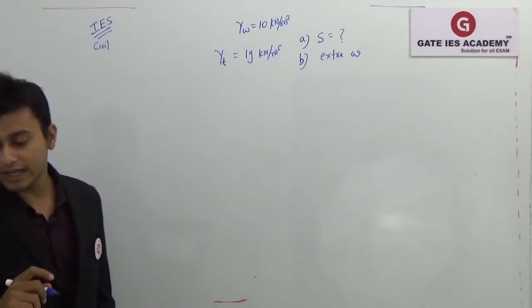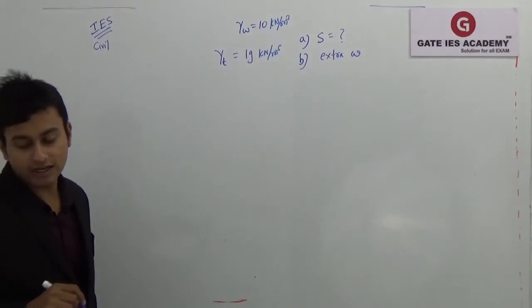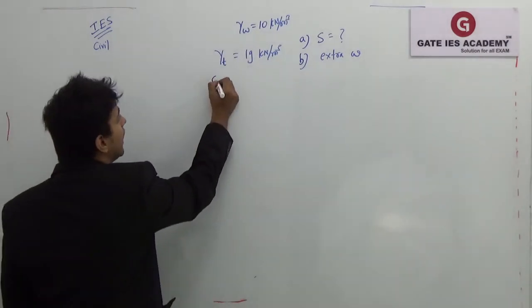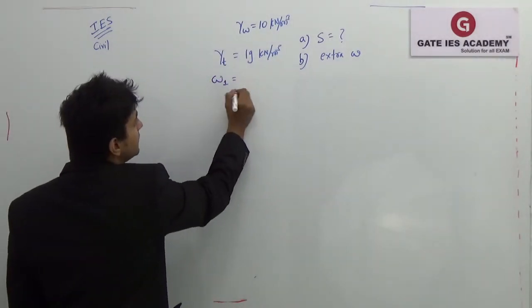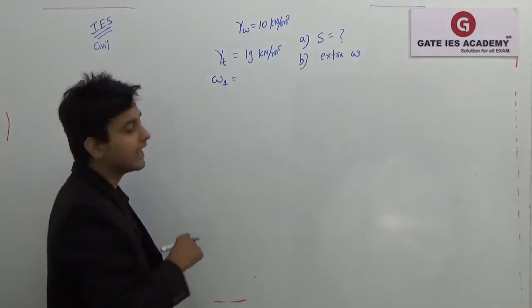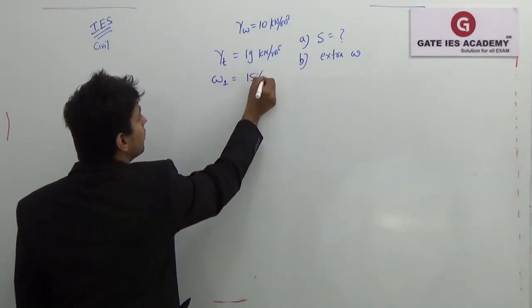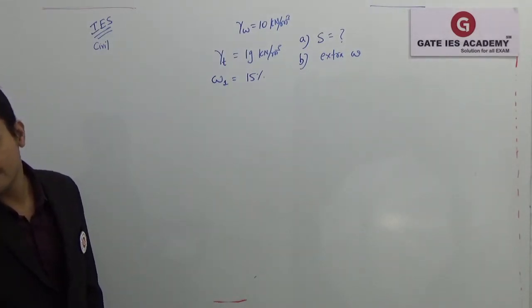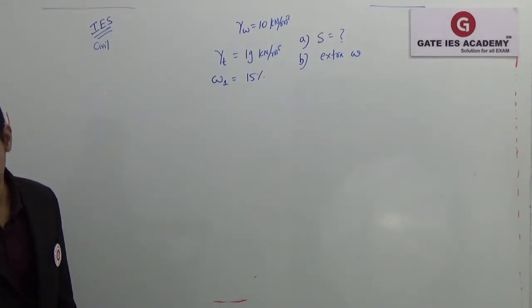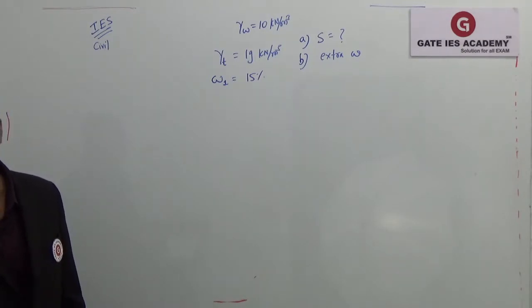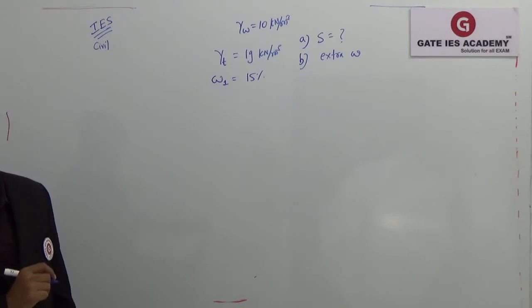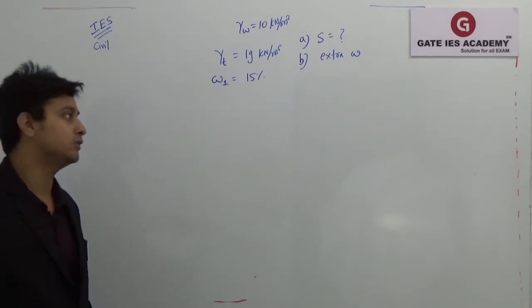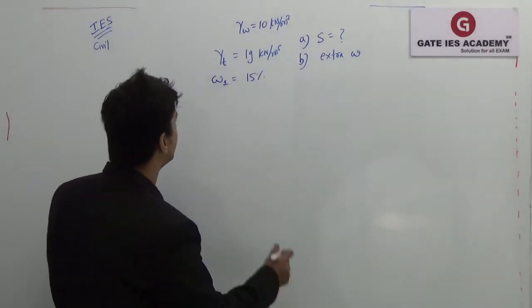Then they have given the moisture content initially, the initial Wi, that is W1, which is given as 15% or 0.15. So this is the data given to us. Now we have to find the saturation value. Let's see how we'll be doing it.